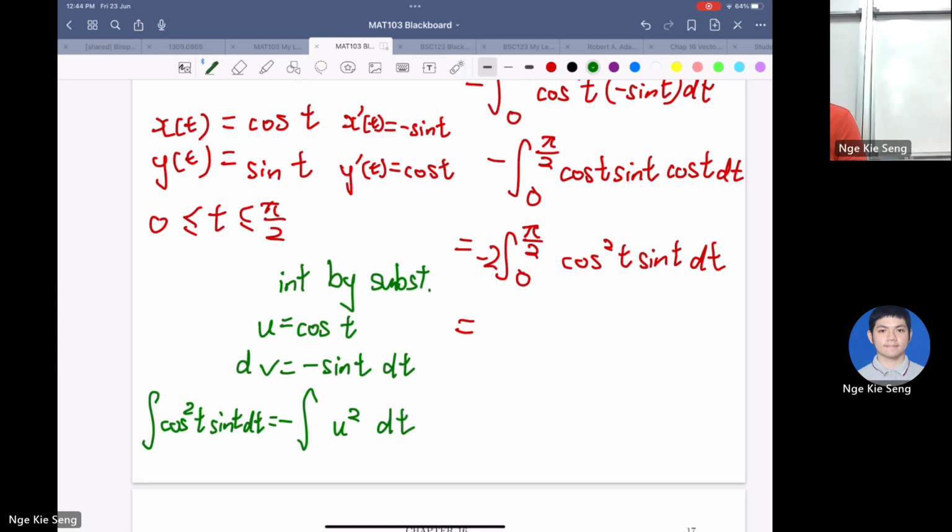My du, okay, du, correct. Don't be confused with integration by parts. Du, like this. Okay, negative cancel out.